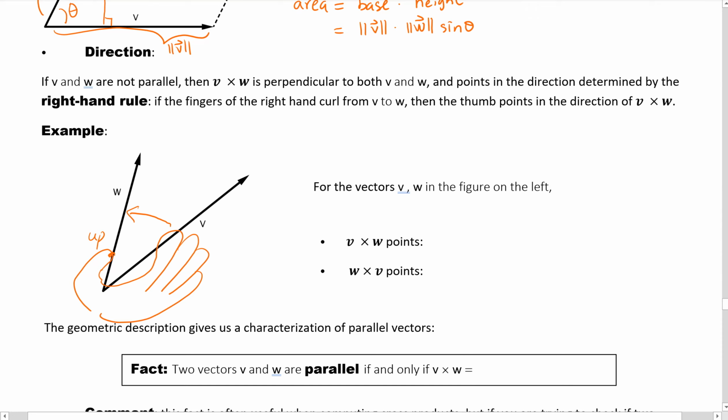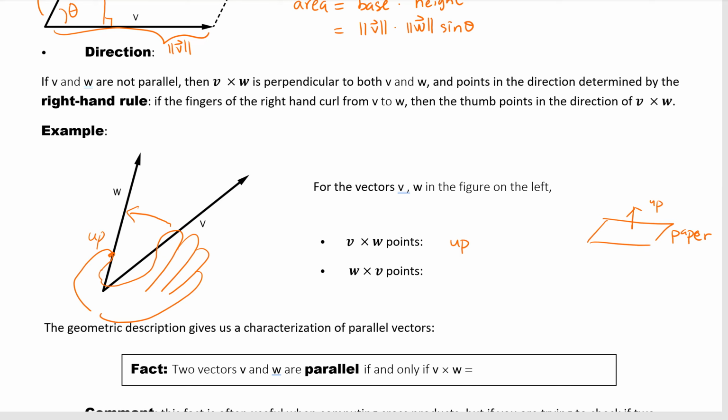Okay, so for example, for the vectors V and W in the figure, V cross W points up out of the paper. Okay, so imagine this is your paper. Up, this is up. Pointing out of the paper.